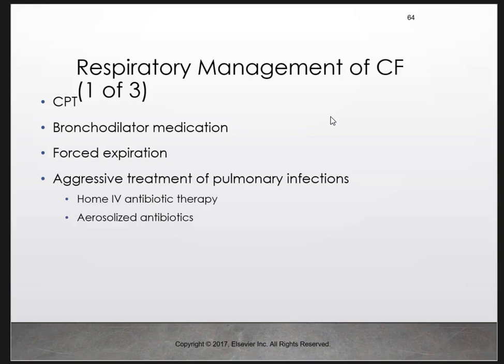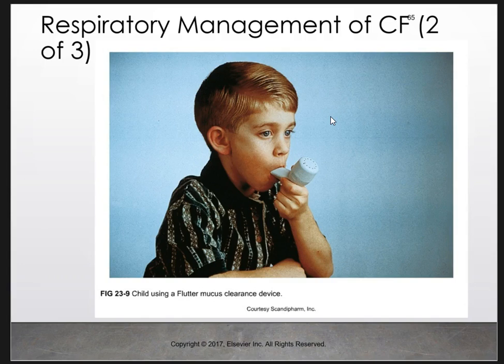And now there's all sorts of cool advancements. There are CPT vests that patients can wear that provide vibration to break that kind of stuff up. And we've got a kiddo using a mucus flutter, which again is trying to break up, most of these goals are about how to break up that thick mucus in there.